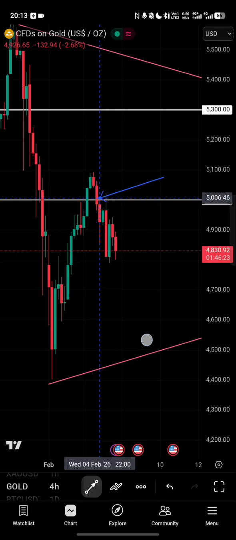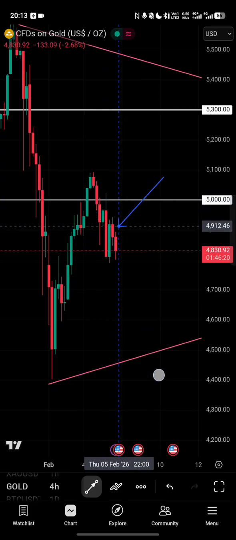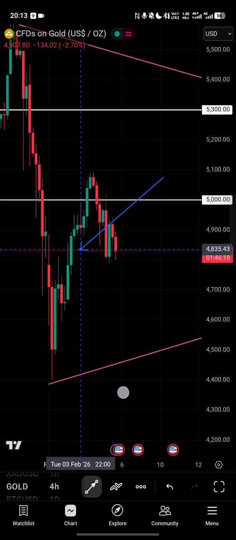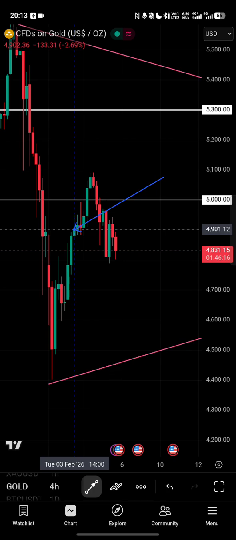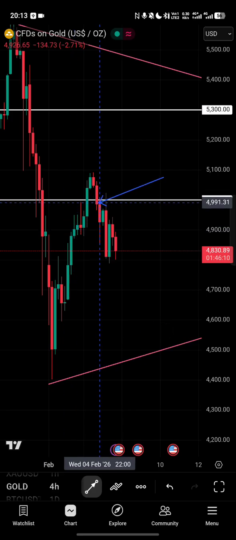So they will have to dump the price, they will have to dump the chart. Because if all these people are going to profit, who is going to lose money? The big money, the smart money, the institution is going to lose money.